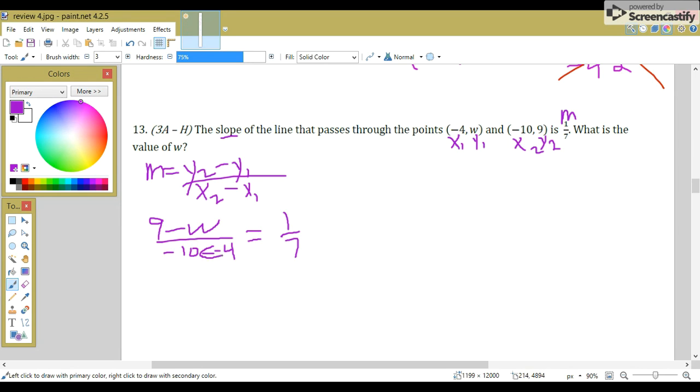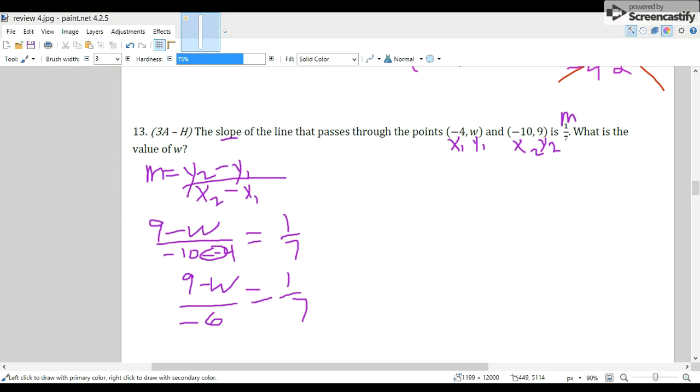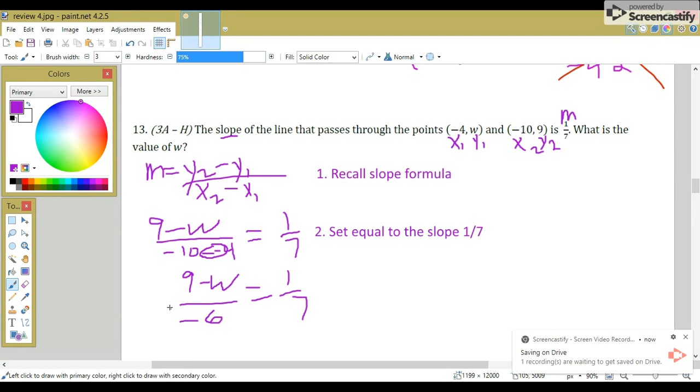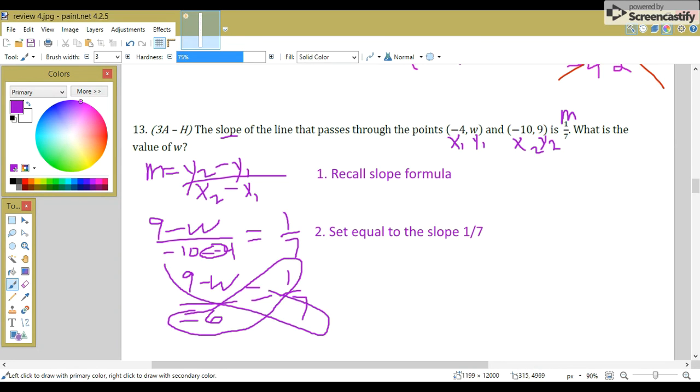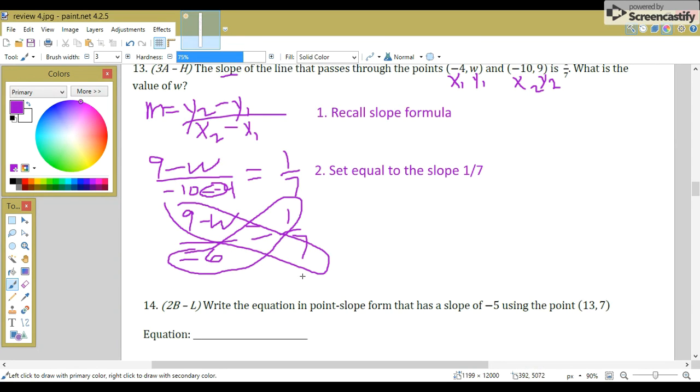The two negatives make a positive, so negative 10 plus 4 is negative 6. So rewrite this. From here, you're going to cross multiply and solve for w. So we have 9 times 7, 63. 7 times negative w is negative 7w, and that equals negative 6.